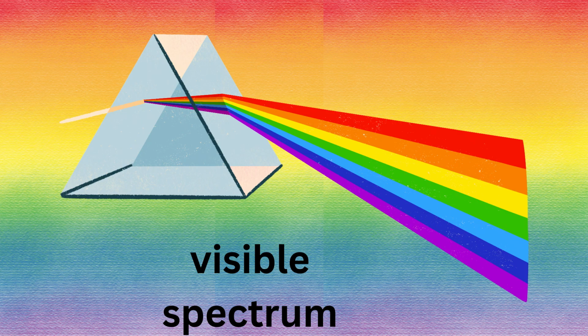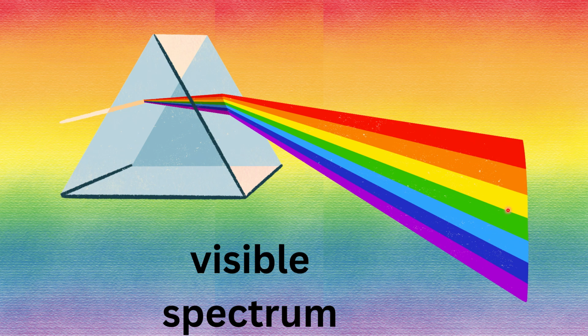Human eye can recognize 150 different colors in the visible spectrum. When light is passed through glass, it produces a series of colors that is called the visible spectrum.